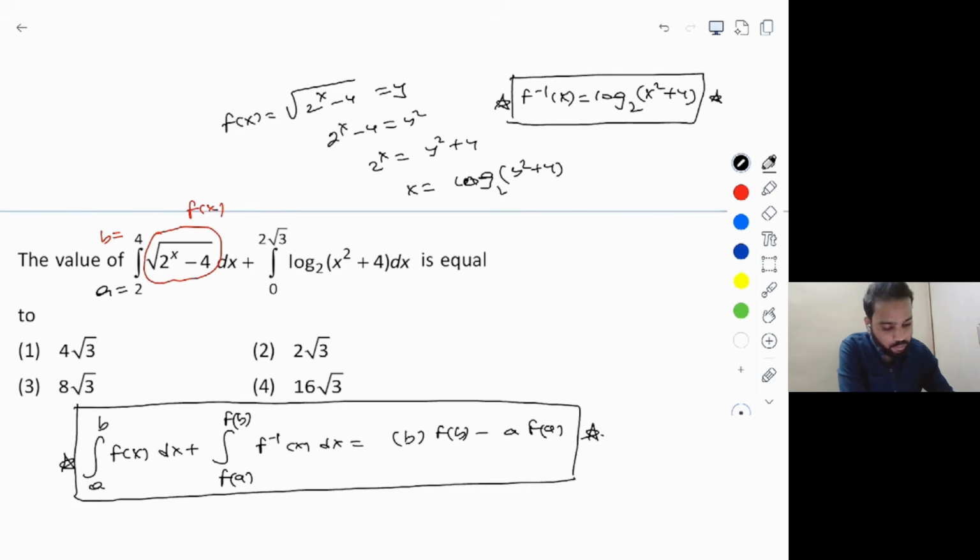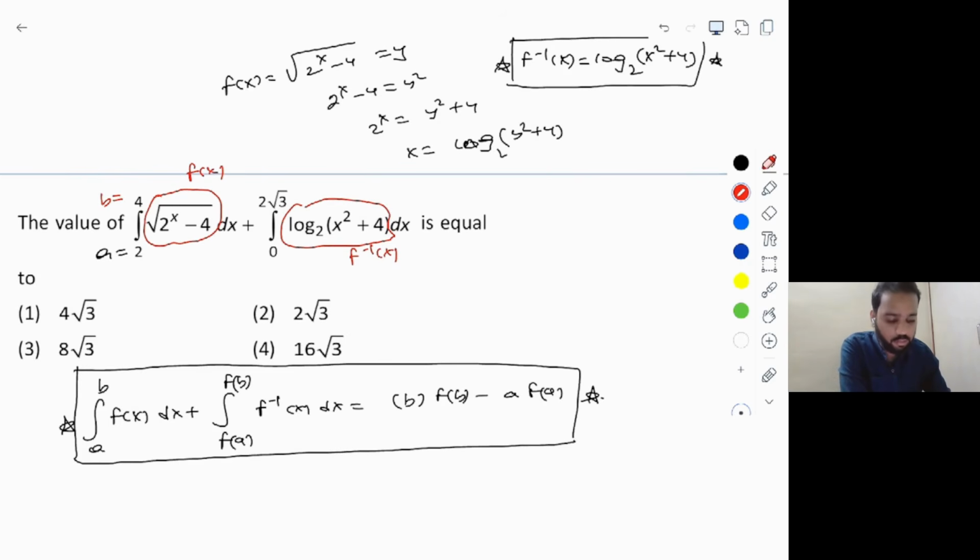Okay. And moreover, it's exactly matching, right? This is the f inverse function here. You can notice. And then let us verify whether the limits are also satisfied or not. Okay, as I told, they might try to trap you in this question by changing the limit. So let's be very careful. If this is a, this should be f of a here. So let's verify. We have to find the f of 2 value.